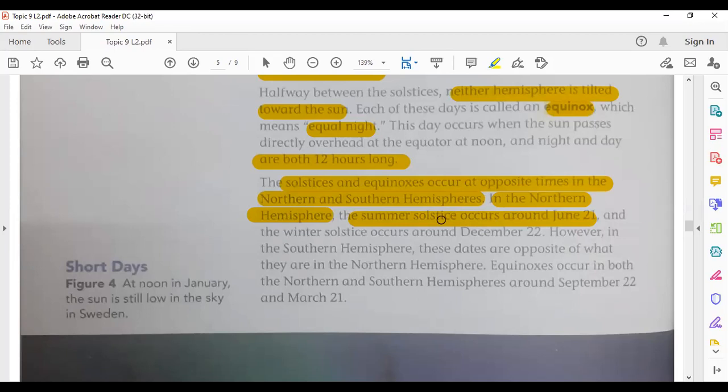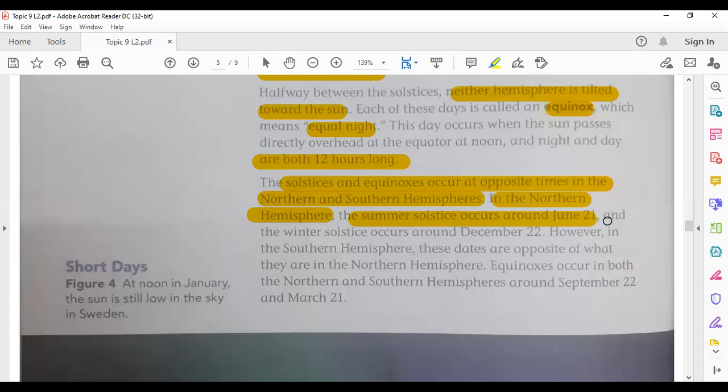Who can tell me what it is on June 21 in the southern hemisphere? It is winter solstice. Exactly. So on June 21 it is summer solstice in the northern hemisphere and winter solstice in the southern hemisphere.